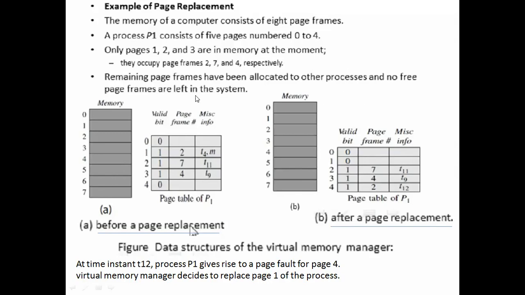For now, take this as an example slide showing the location of the pages, which page frame they are present in, and how the page table will be updated after the page replacement. No need to worry much about this.